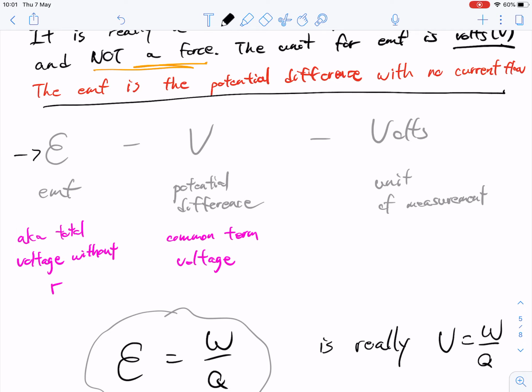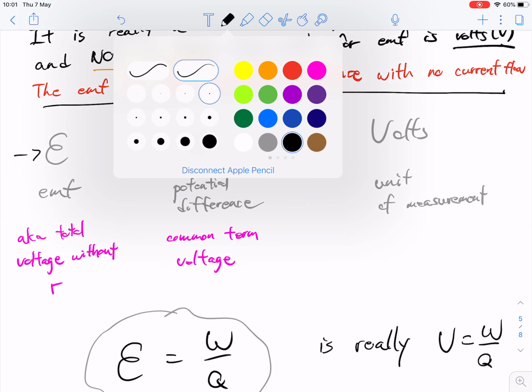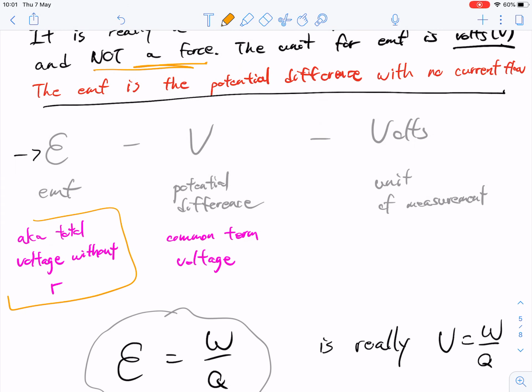So these three things look quite similar, and in many ways we might sort of confuse and mix these guys up in our brains. And sometimes we can kind of use them interchangeably, but let's just clear that up right now, okay? They are all voltage, you might say, okay? But as mentioned, EMF definition, total or maximum voltage without internal resistance.